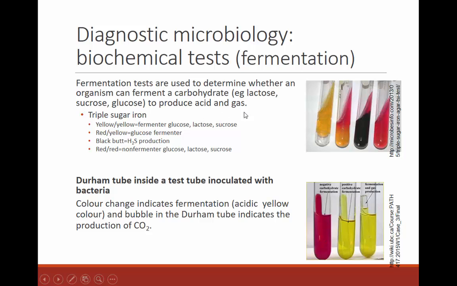Now the fermentation test, this is a better picture of the TSI, and you know how we went through what they are, but with the triple sugar, so with a slant, this is basically, you've put the agar in a tube and then before it's set, you just put it on its side. Okay, so you get that slant occurring.